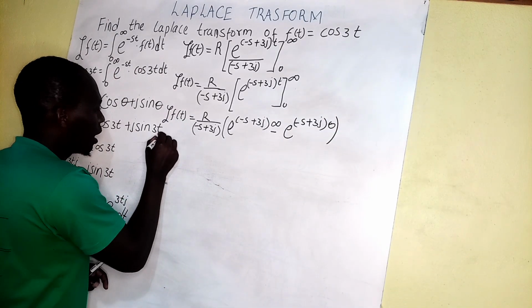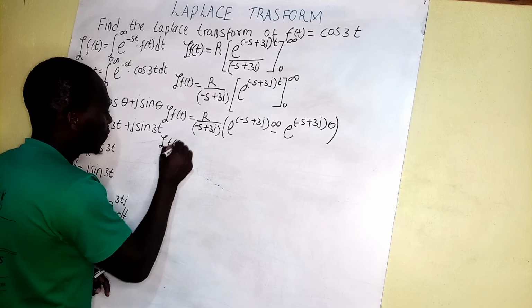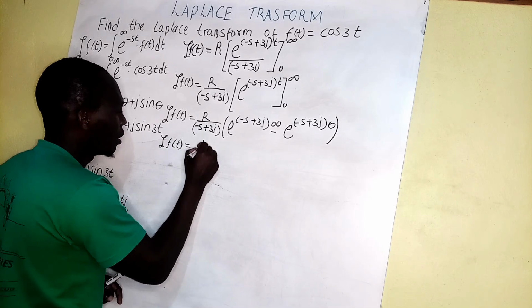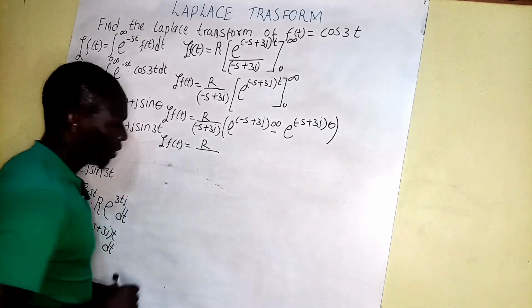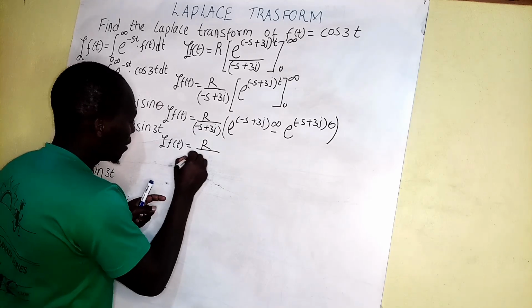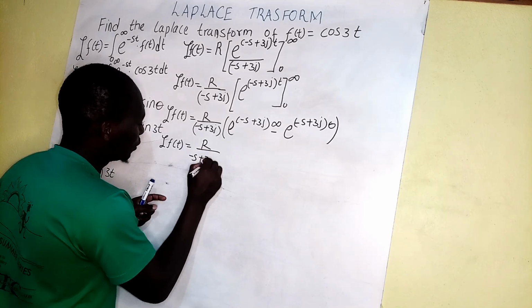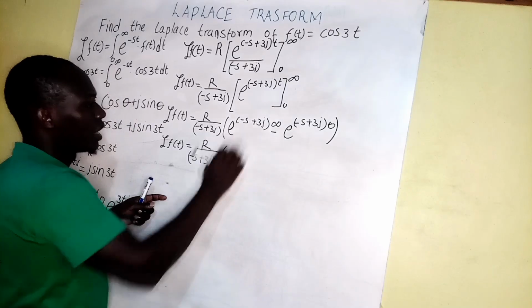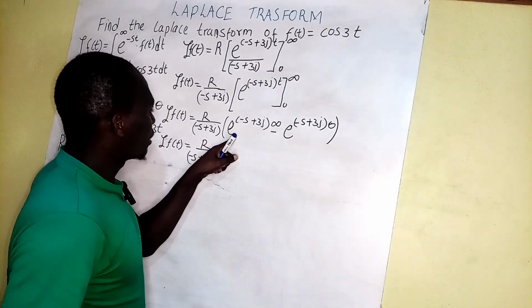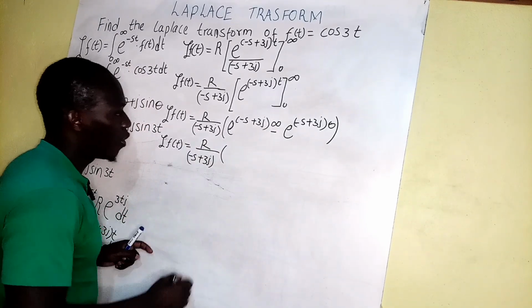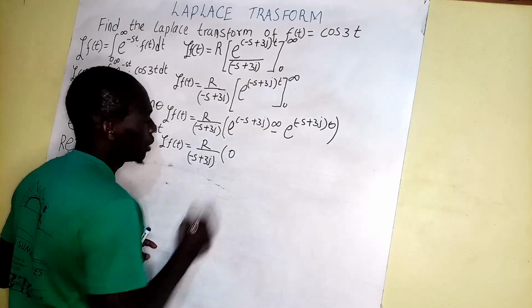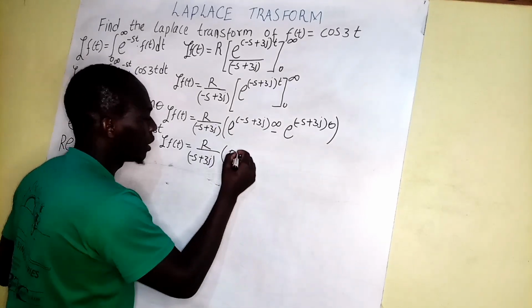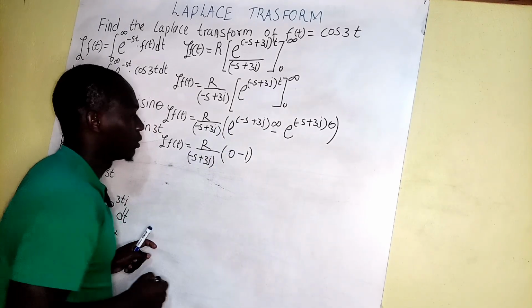And we are going to have the Laplace transform of our function f(t) equal to R all over negative s plus 3j into exponential raised to a power of infinity. We are going to have 0, and here we are going to have 1.